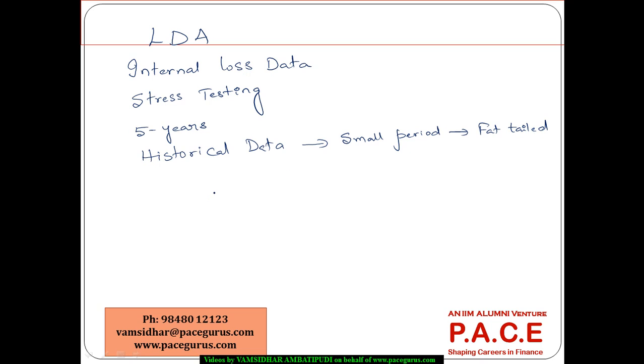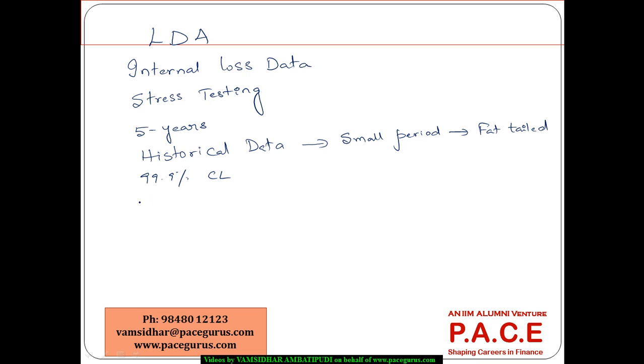Heavy losses, if they have not occurred during the last 3 years or 5 years, might not have even got reported, which means that to provide a 99.9% confidence level, the data may not be sufficient. So building a model may have its own limitations.